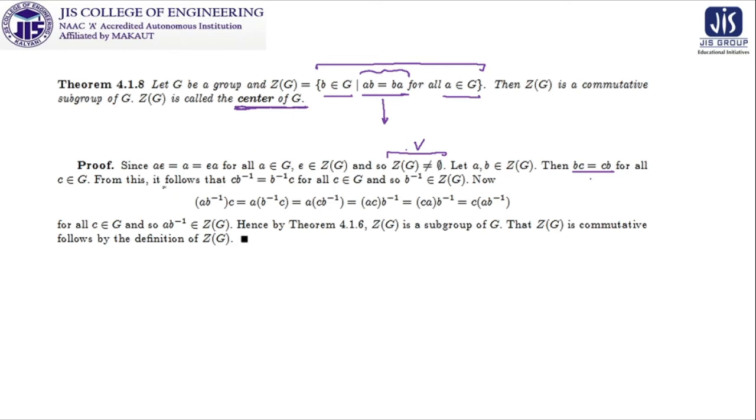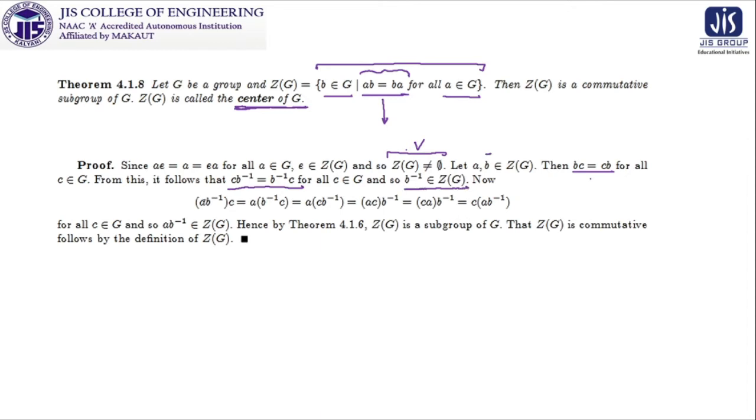So from this it also follows that (CB) whole inverse is equal to B inverse C. Why? Because again the same logic, and as B is there, B inverse will also be present. So we can claim that B inverse is in Z(G). We started with B, and we have proved that B inverse is in Z(G).